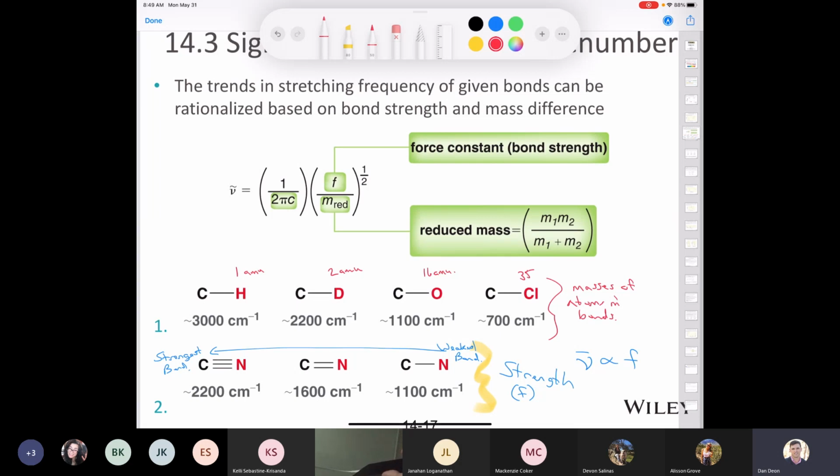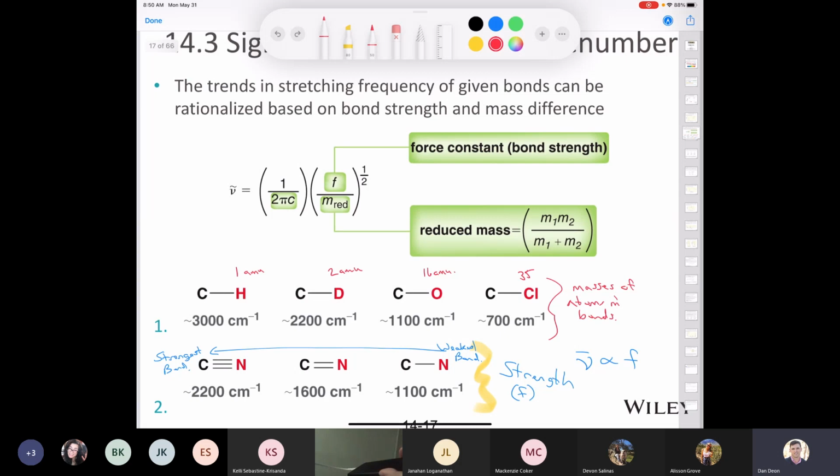As we increase the mass of the atom, it's going to affect the reduced mass, and since it's in the denominator, we're going to get a bigger and bigger reduced mass. As the denominator gets bigger, what happens to the wave number? It's going to decrease. Nothing more than that.